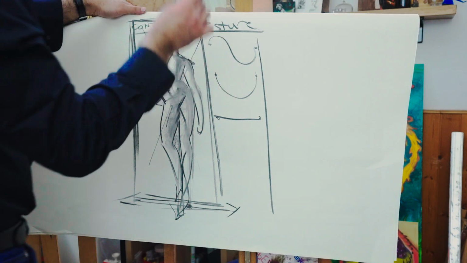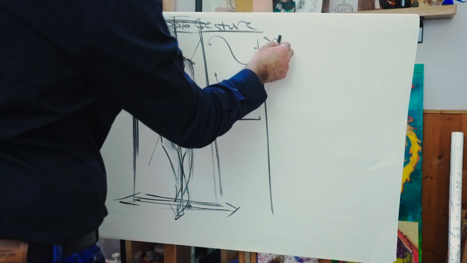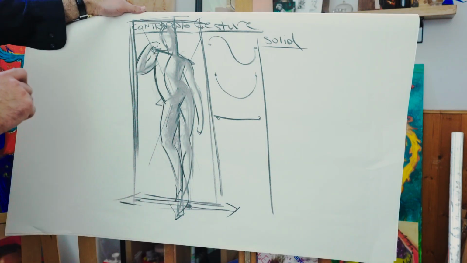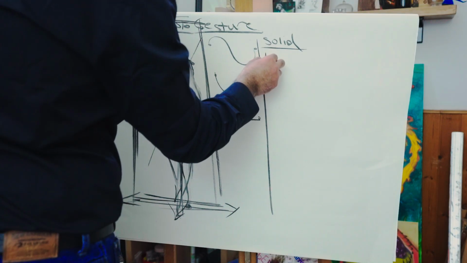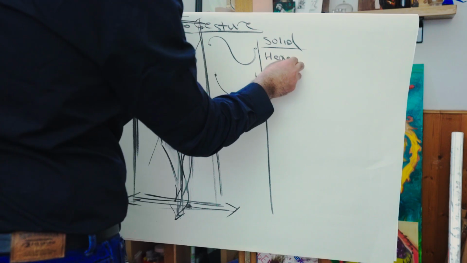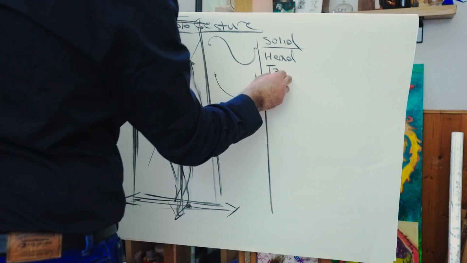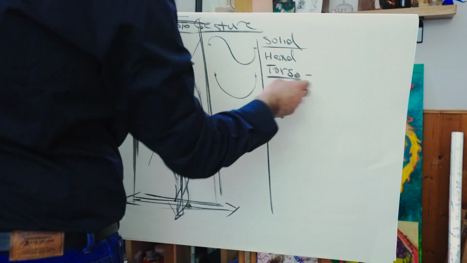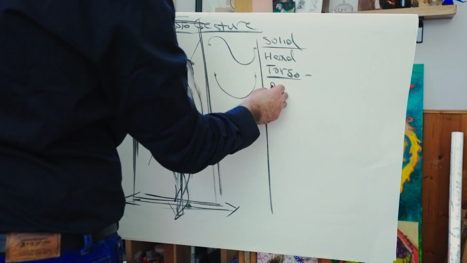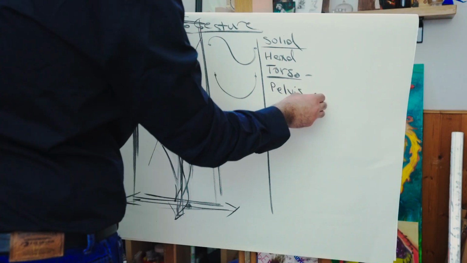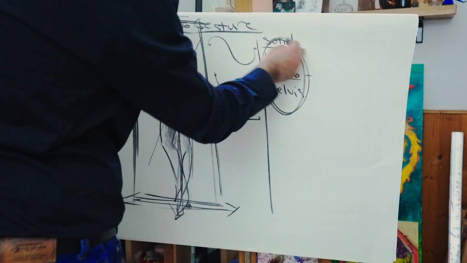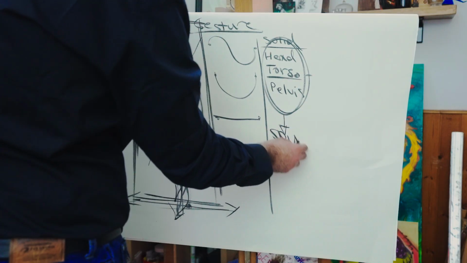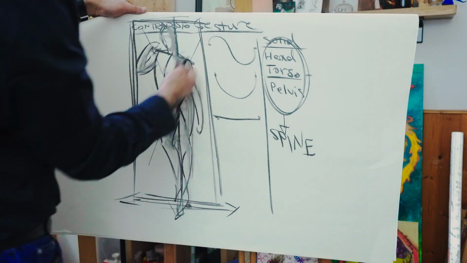Then you look at three solid forms on the figure, which are head, torso, the rib cage specifically, and pelvis. All of these are connected together through the spine, which is back there.